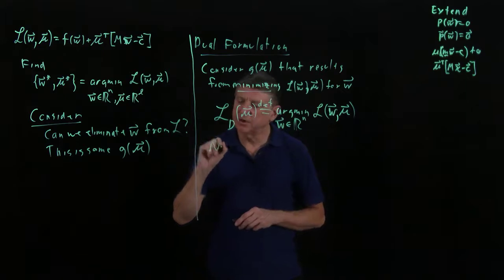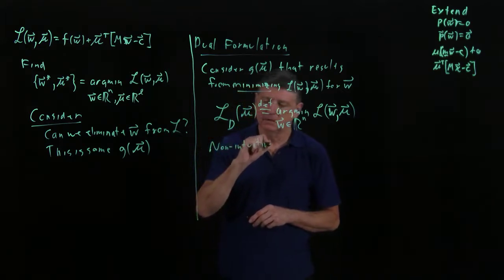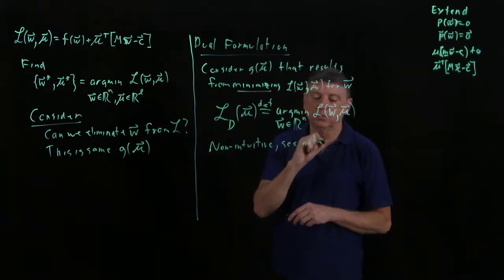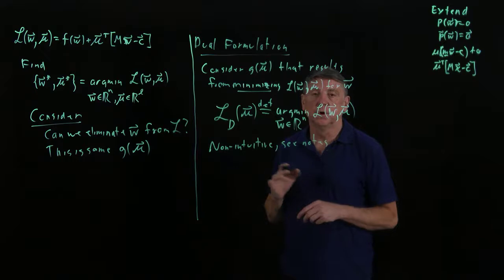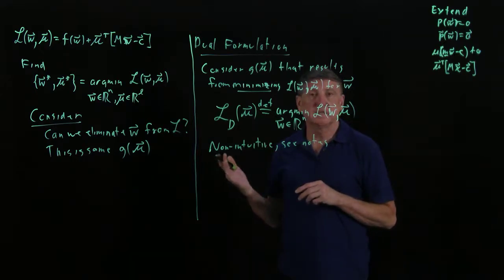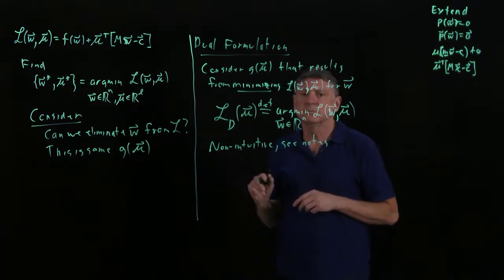So this is non-intuitive, and I'll just say see the notes, and the notes will refer you to many good proofs. The one that I particularly like is in the text by Boyd and Vandenberghe. You can probably find others.